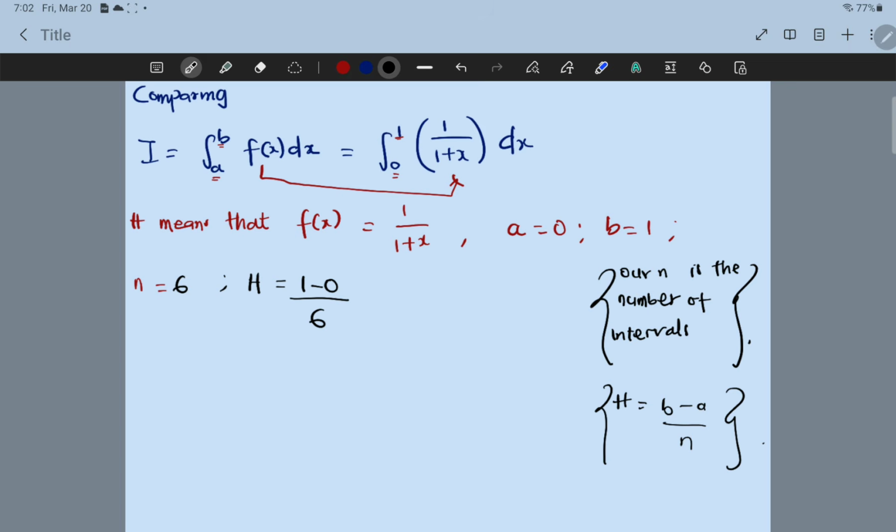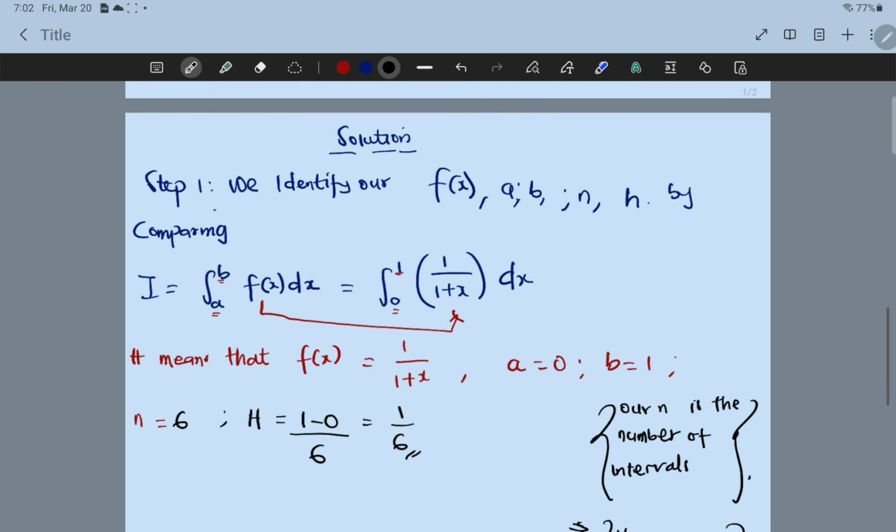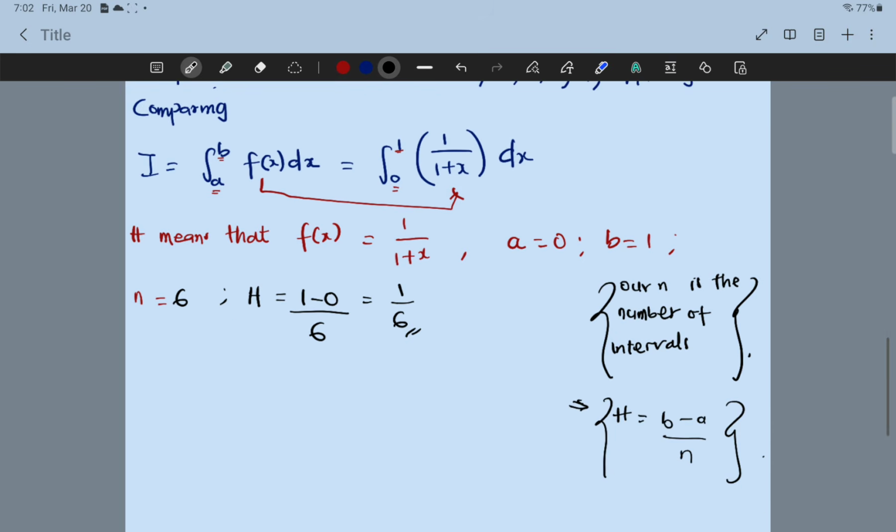Is that okay? So our h, by method of common sense, is 1 over 6. That's step 1: we identify our f of x, our a, our b, our n, our h by comparing. So step 2, what is step 2? Our step 2 is to figure out our table.